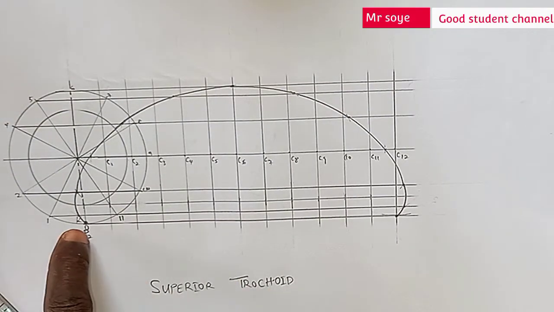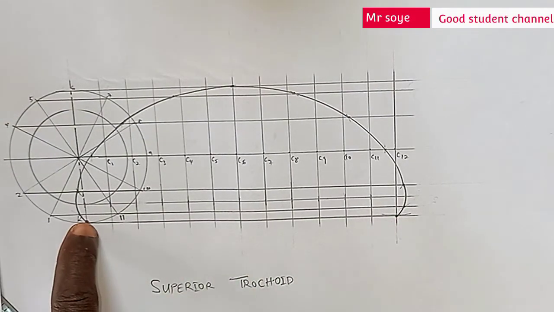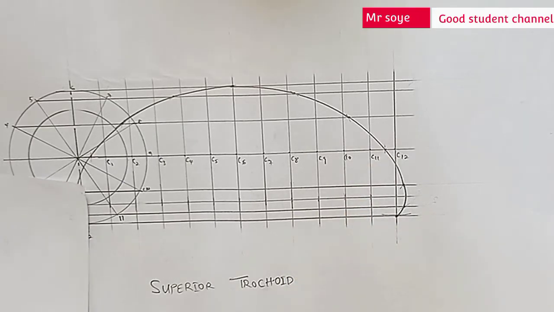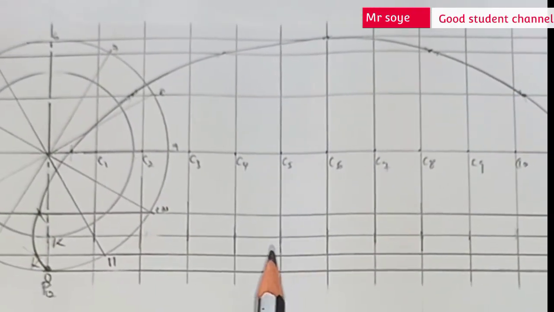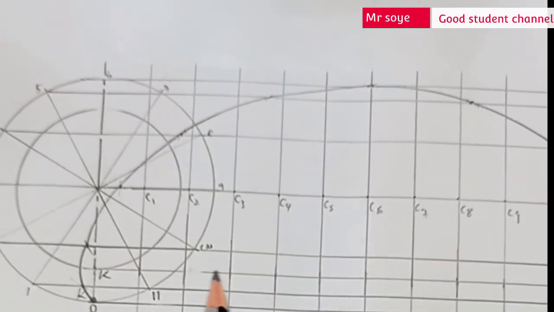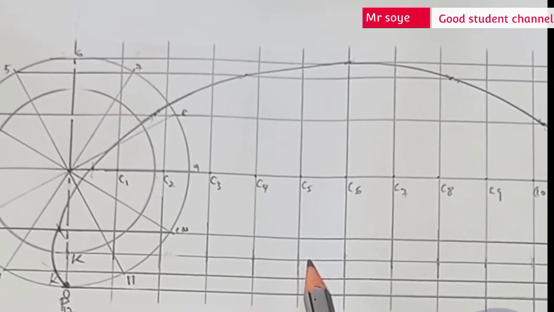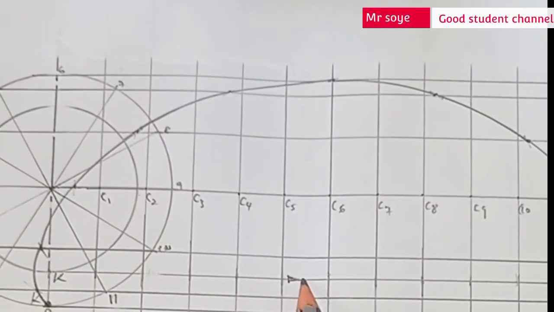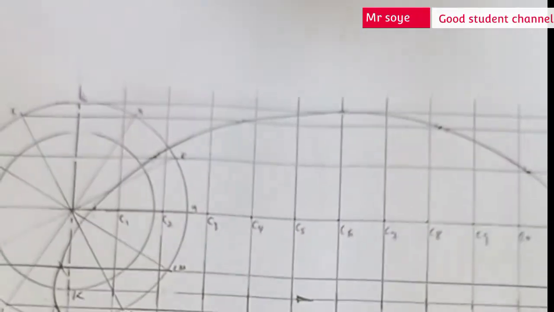And from this line to this line is the circumference of the rolling cycle. And that is all. Thank you. Let's move to question 3b. Alright, please take note that the rolling cycle is rolling towards this direction. So you can indicate it on the baseline that this is the direction.